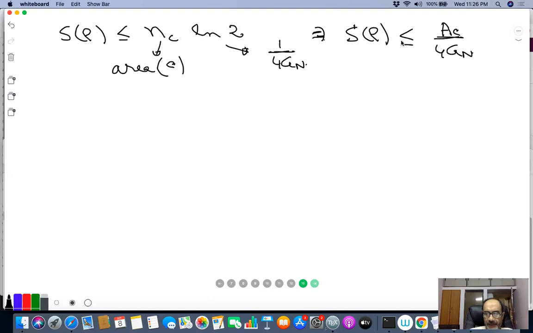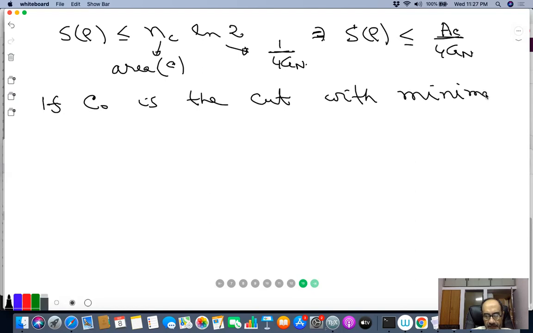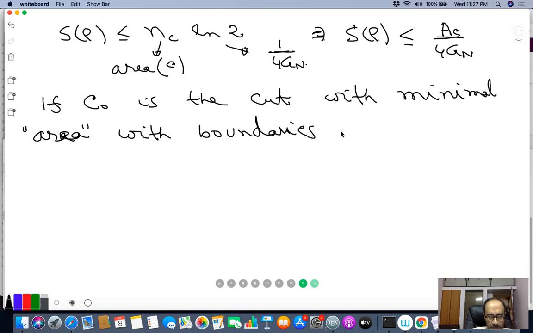But this also immediately tells us the following: if C naught is the cut with minimal area, that means it cuts the minimal number of links, with boundaries fixed at the boundaries of P prime.